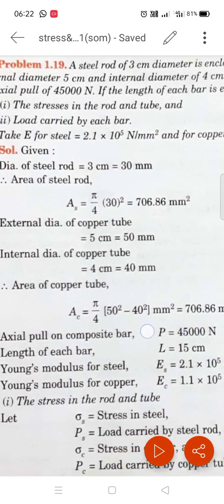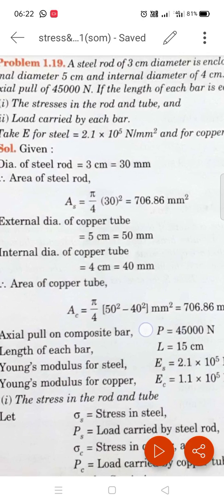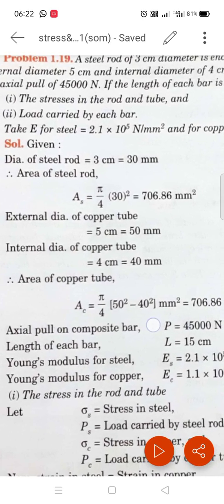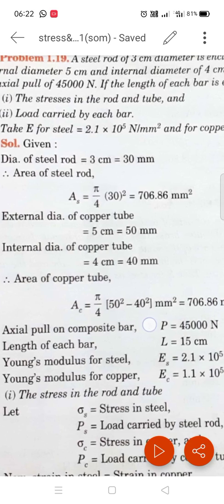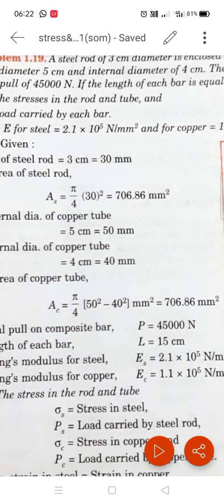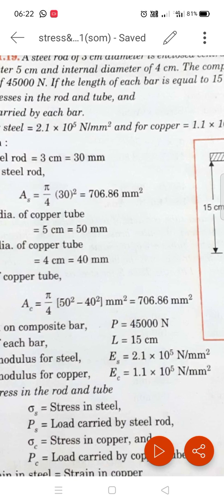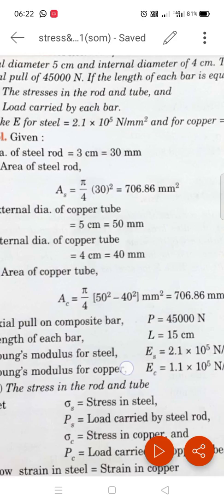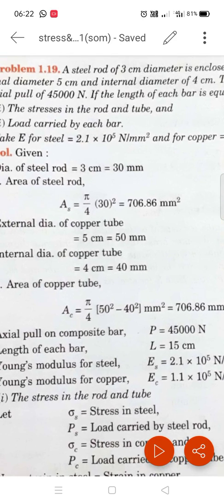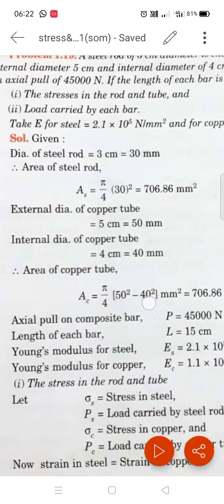Internal diameter of copper tube 4 centimeter is equal to 40 mm. Area of copper tube A_C is equal to pi divided by 4 into (50 square minus 40 square), which is equal to 706.86 mm square. The area of the copper tube and steel is the same.